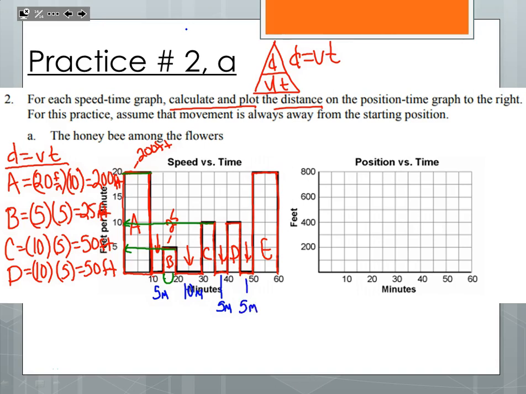At the end of those 5 minutes, he increased his speed one more time, which will be our distance E. And it shows that he increased back up to 20 for 10 minutes, for another 200 feet. Okay, so C was 50, D is 50, and his final travel was 200.